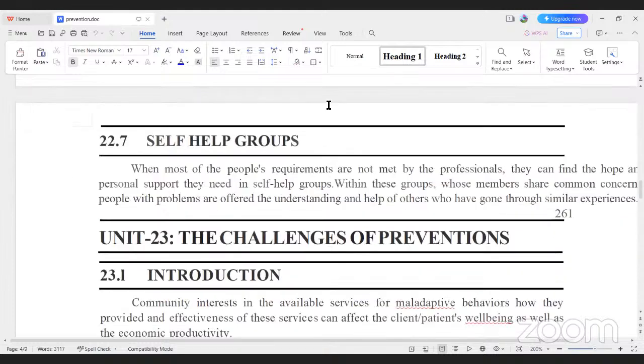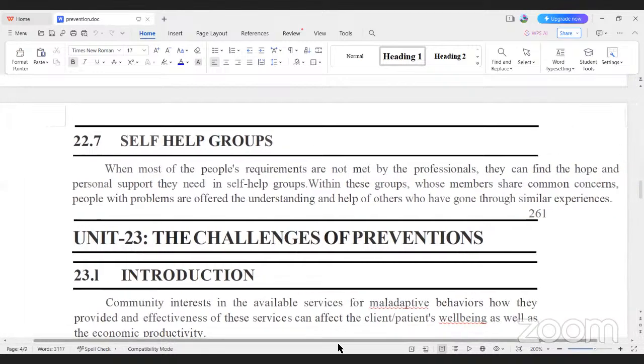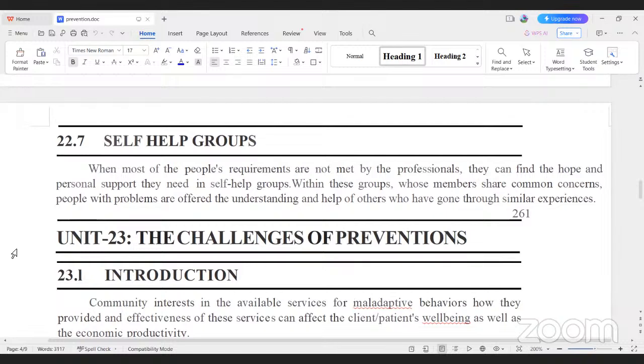Self-help groups. In our society, we are having self-help groups. They will also identify, they will also provide necessary help to people who are suffering with maladaptive behaviors, because self-help groups are there. When most of the people's requirements are not met by the professionals, they can find the hope and personal support they need in self-help groups.